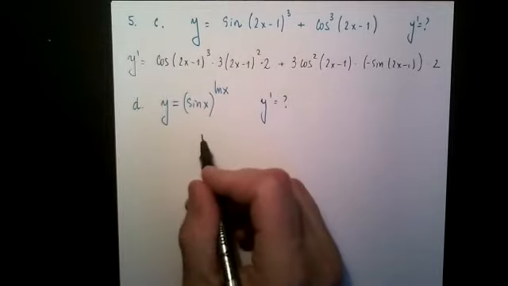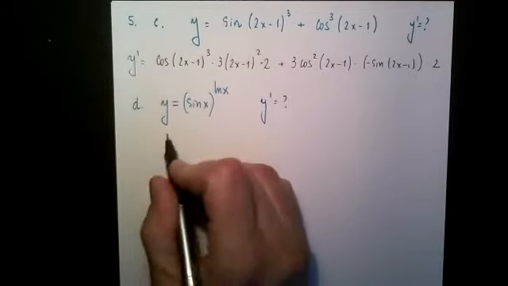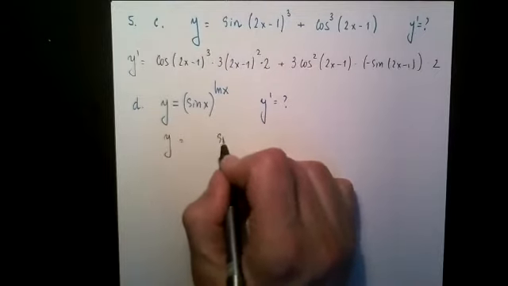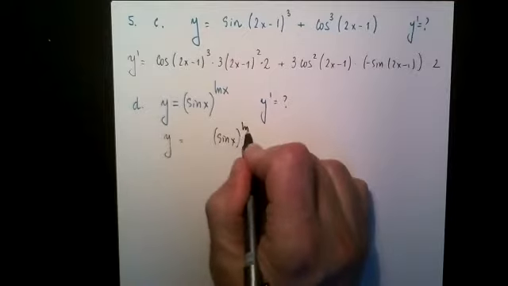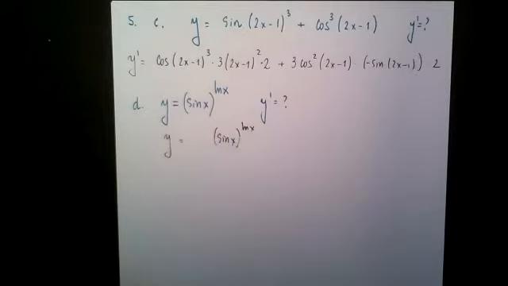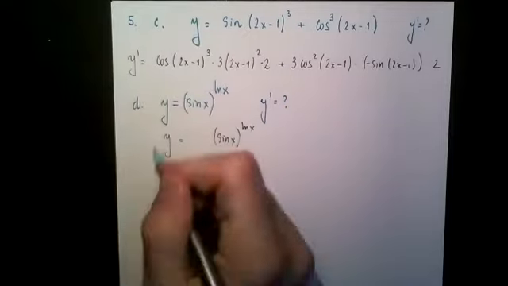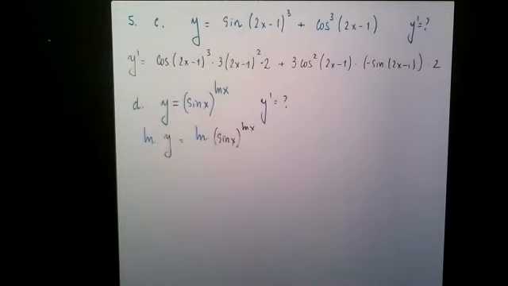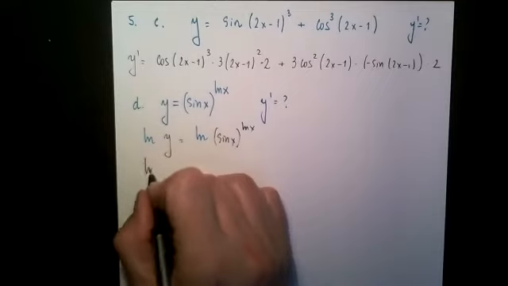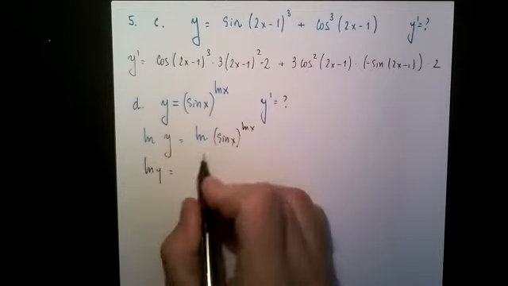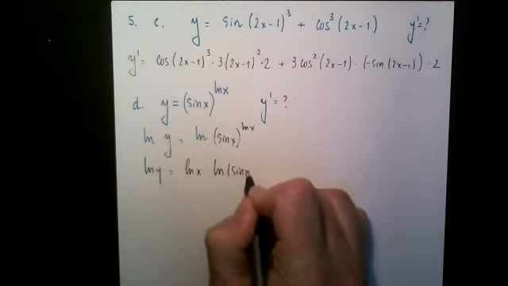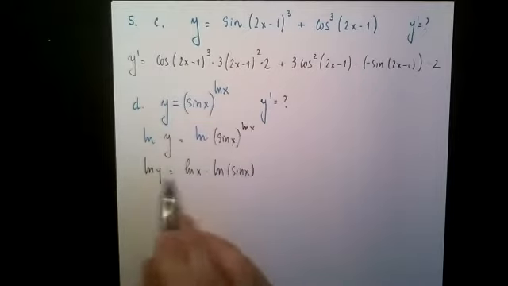So what do we do here? We're going to do logarithmic differentiation. So I'm going to put ln on each side. So y equals sine x to the power of ln x, and I'm going to put ln on each side. So ln y, and bringing ln x in front, ln x times ln of sine x, and now I'm going to derive both sides.